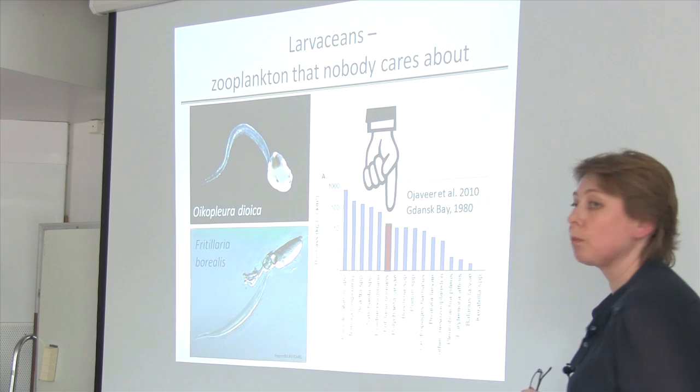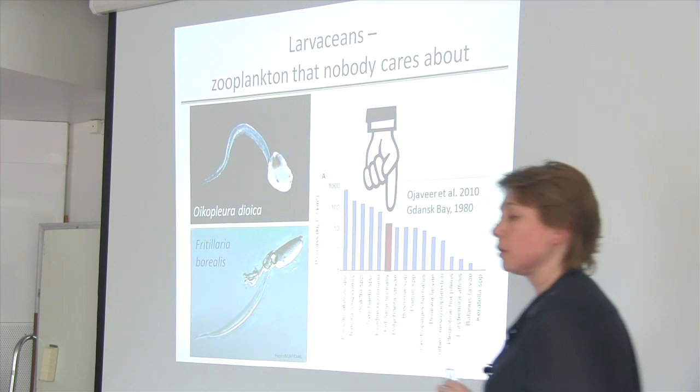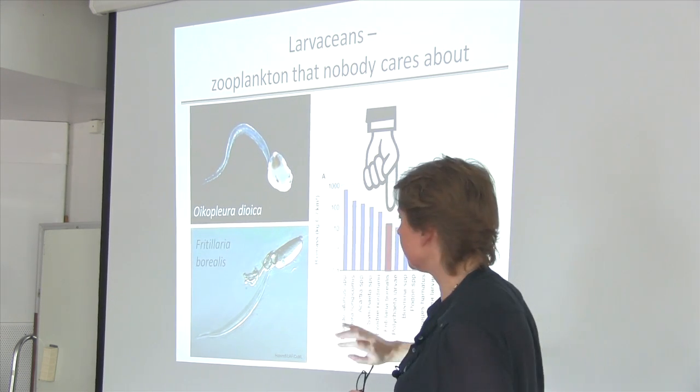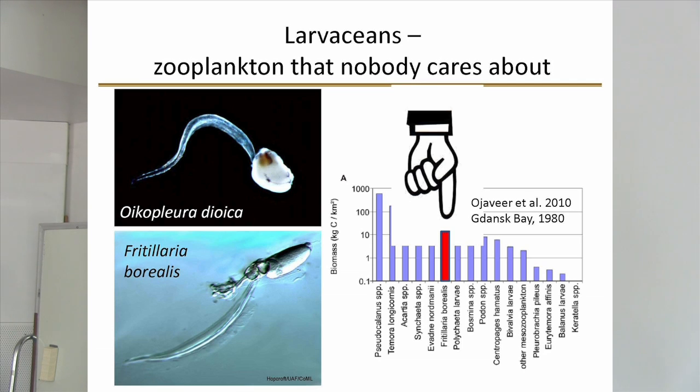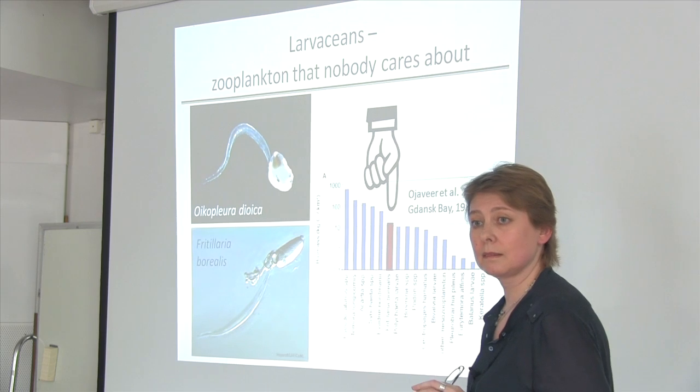Totally ignored part of the Baltic plankton, larvaceans. Nobody cares. I actually don't get why, because if we rank different species from the southern Baltic, Gdańsk Bay, and the eastern Baltic Sea, close to the Gulf of Riga entrance, I think, according to their biomass, the larvacean Fritillaria borealis comes up pretty high in the first 6 species.